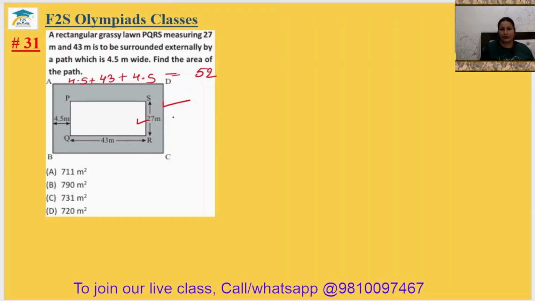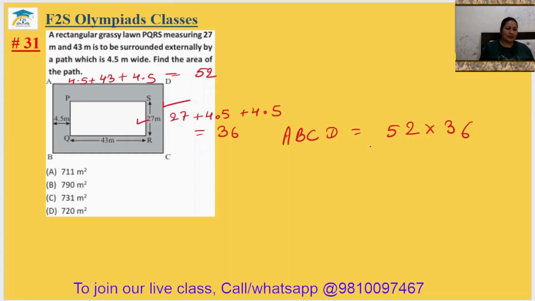And breadth will be 27 plus 4.5 plus 4.5, so this is your 36. Area of ABCD is 52 multiplied by 36, that is 1872.